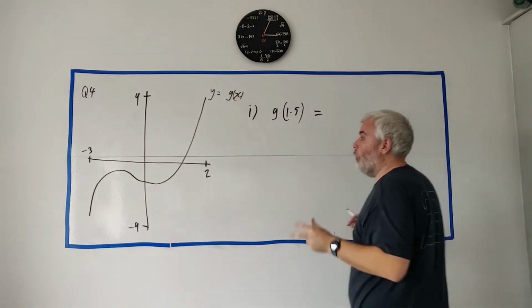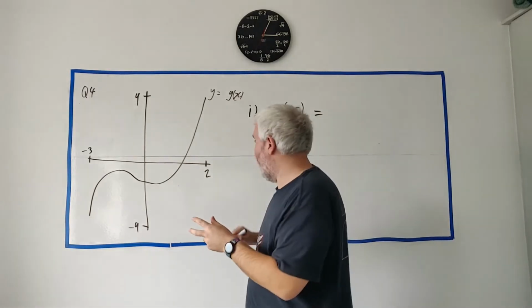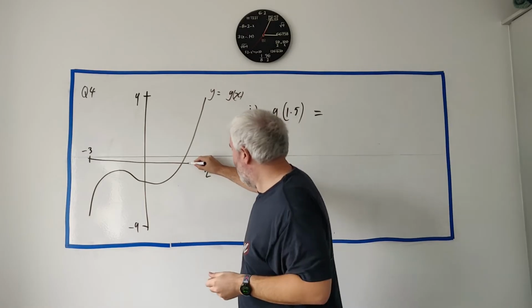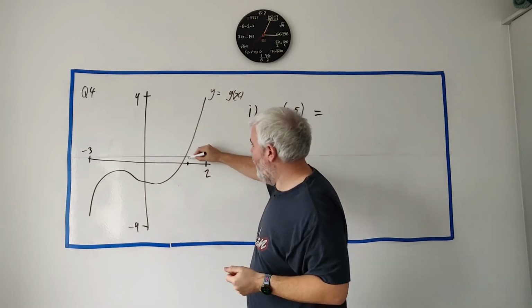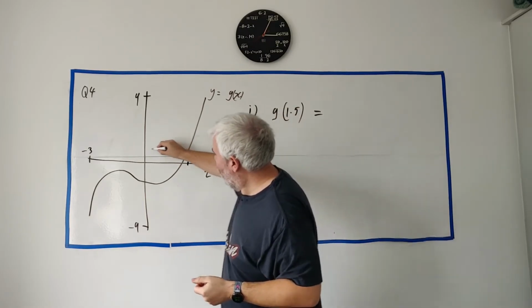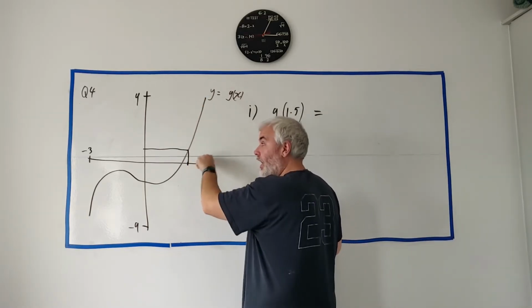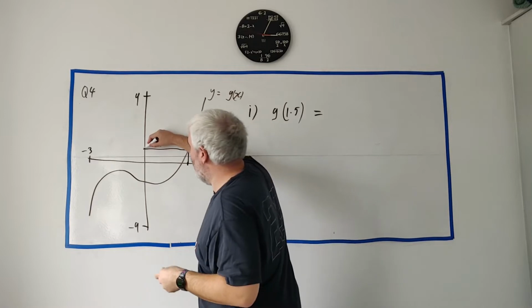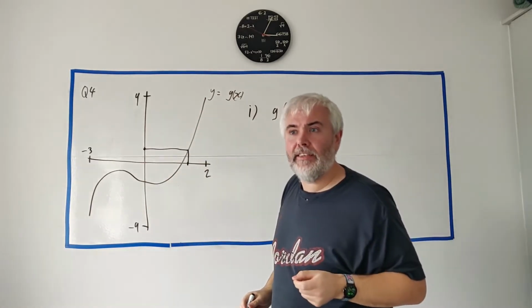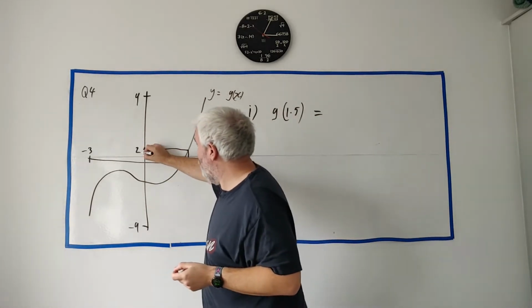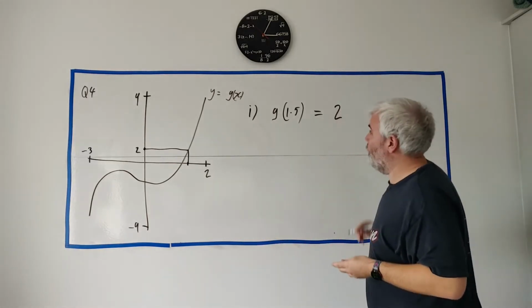So in this case 1.5, and we'd go to the graph and it would be somewhere about here. We go find the line, we go up or down, and we find the line and we go across. This is the number that comes out, and looking at the graph, that looks like about 2. So the number that comes out is 2.